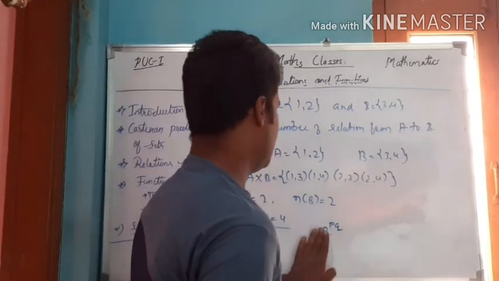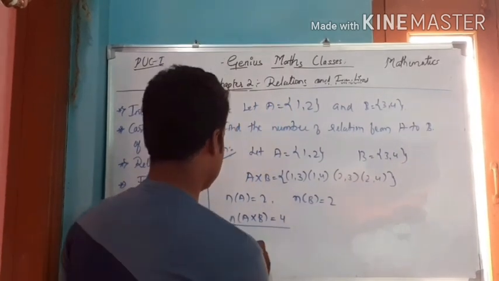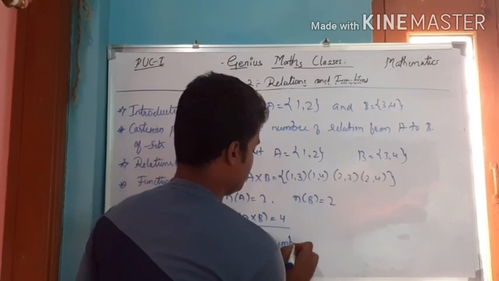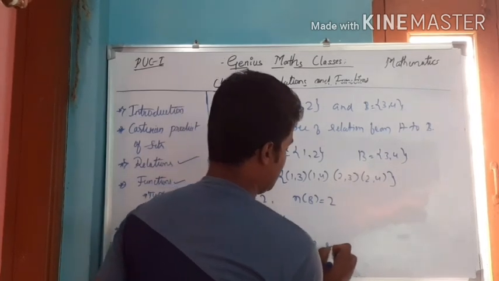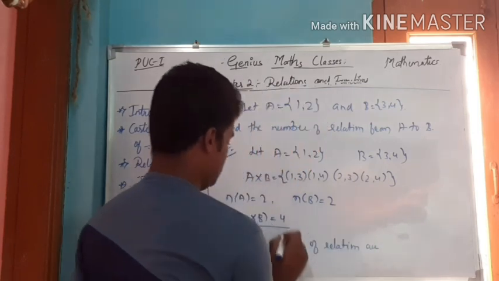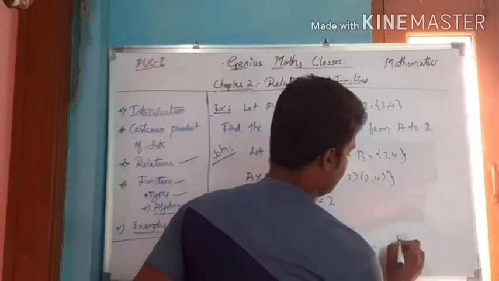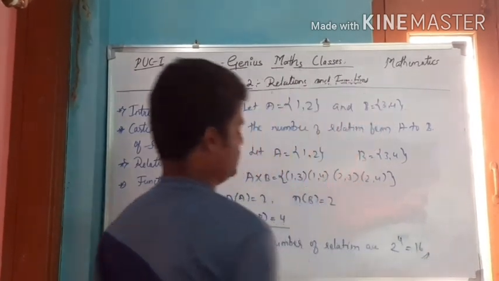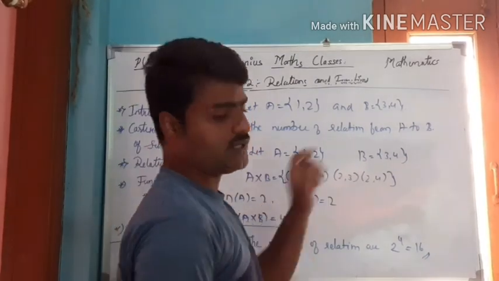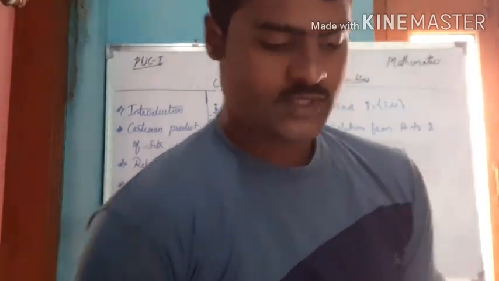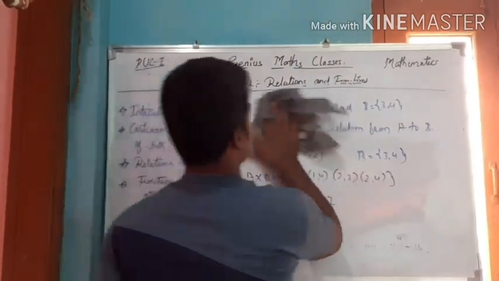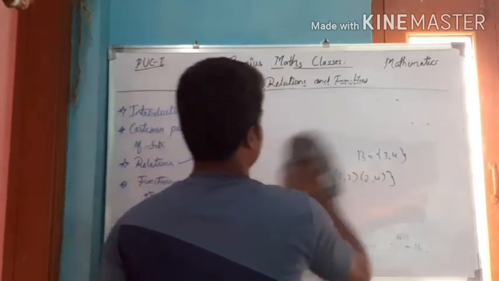So here the number of relations is 2 to the power 4, that is 16. So there are 16 relations from set A to set B. So this is all about the relation.